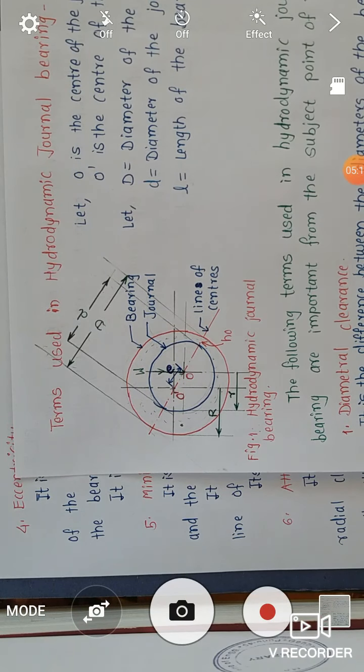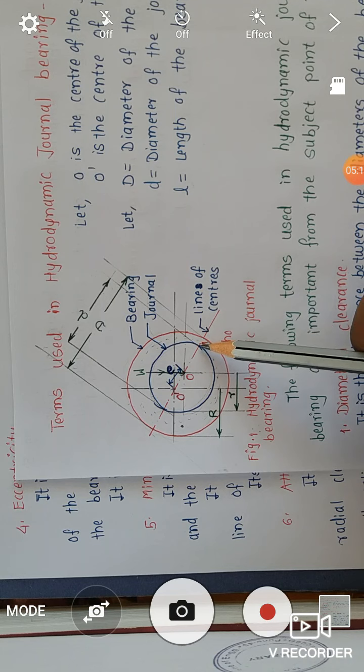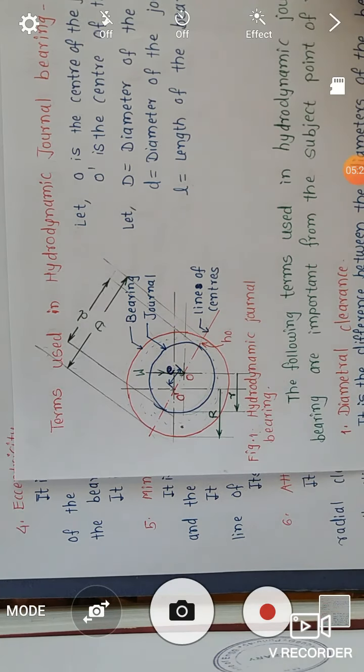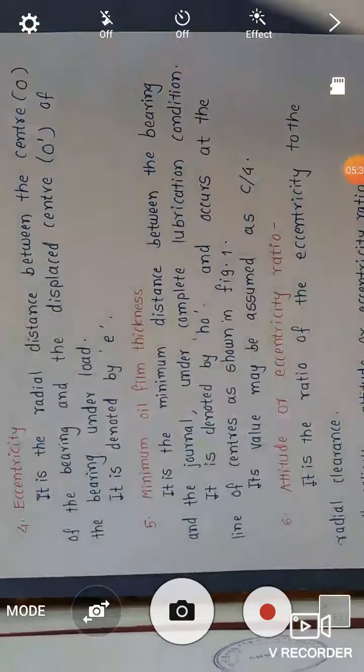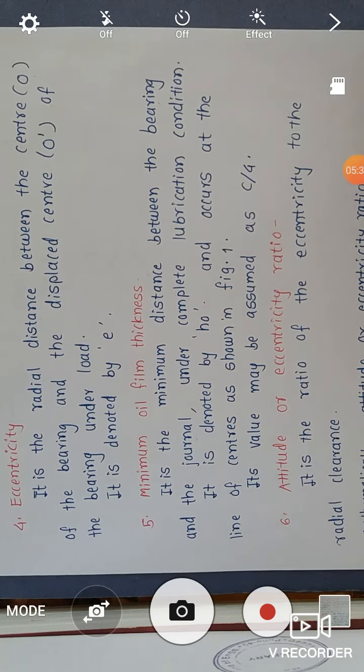So in this diagram, if we observe the gap between the journal and bearing on the line of centers, this distance is called h0. So this is the minimum oil film thickness. Its value may be assumed as C divided by 4.